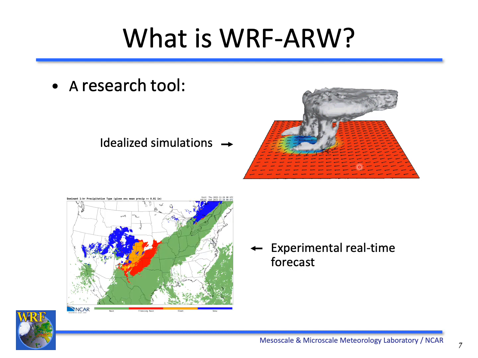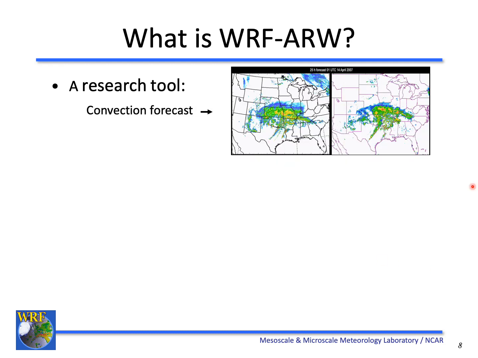The model can be used for experimental real-time forecasts. This picture shows precipitation types from an ensemble forecast. The model is often used to simulate continental convection, as shown by this picture, which depicts the simulated radar reflectivity compared to the actual reflectivity composite.